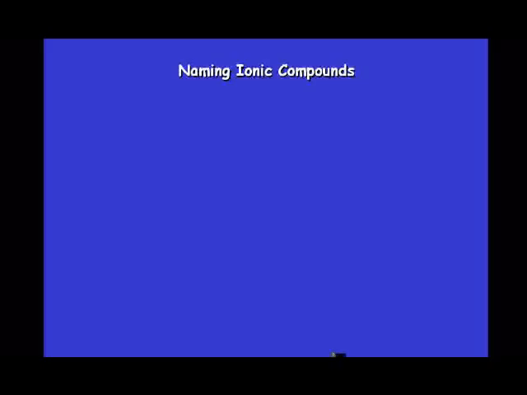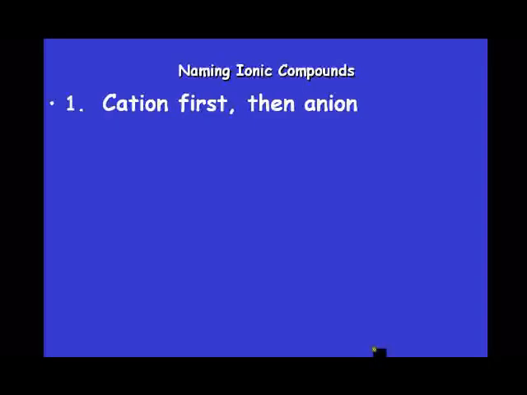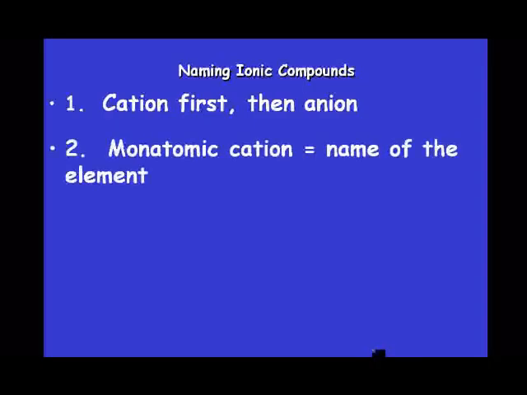Now, naming ionic compounds. Naming ionic compounds is fairly simple. All we're going to do is name the cation first and then the anion. Remember that when we name a monatomic cation, we just use the name of the element.